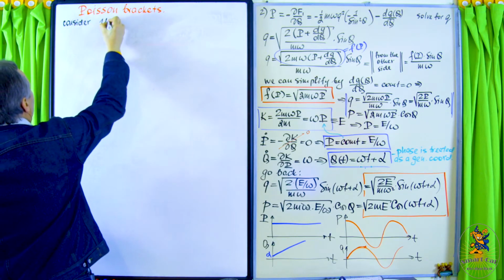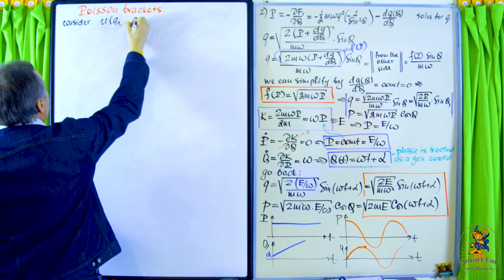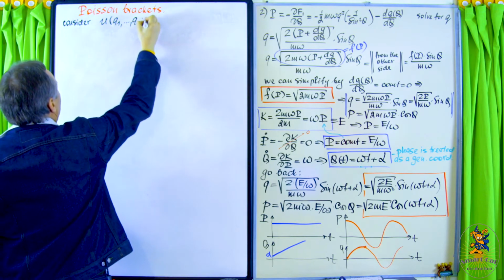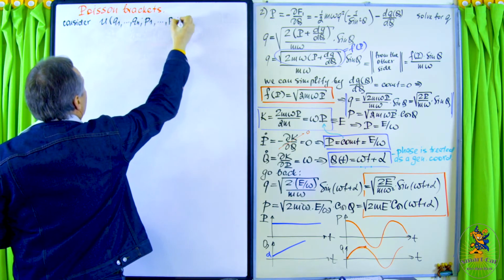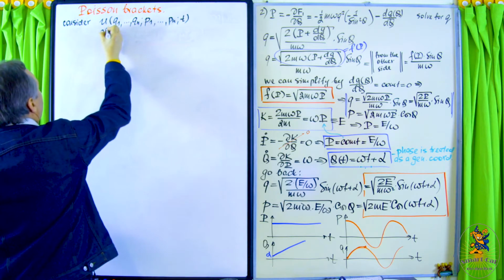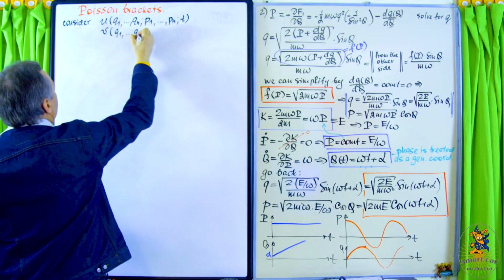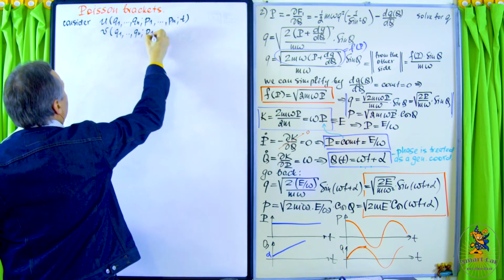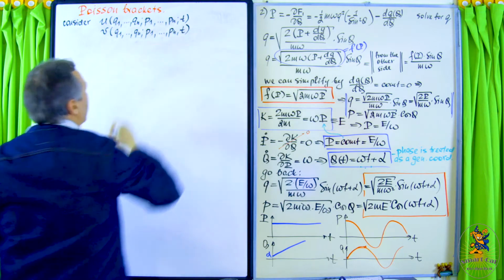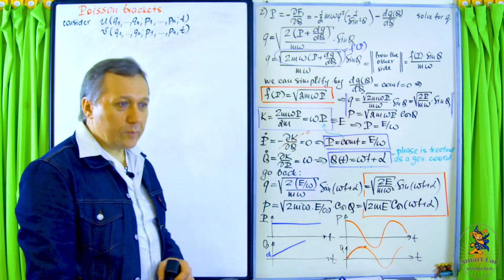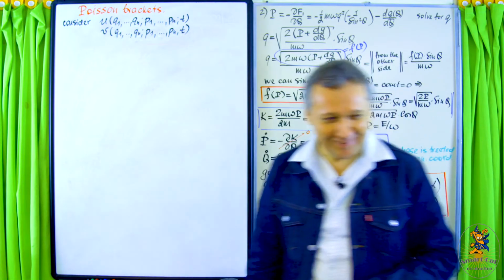Let's say u, which is a function of all q's, q1 all the way to qn, and then all p's from p1 all the way to pn, and possible time dependence, and the same for v and t, right? Okay, so well-behaved, nice functions, good-looking functions.